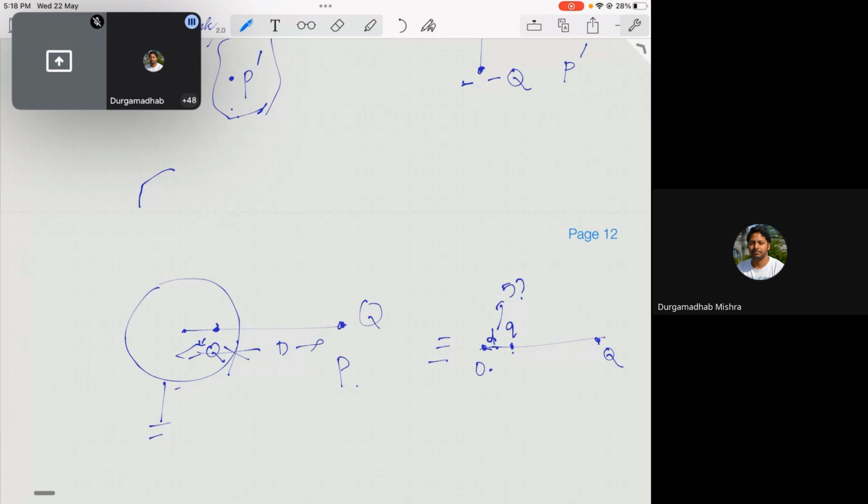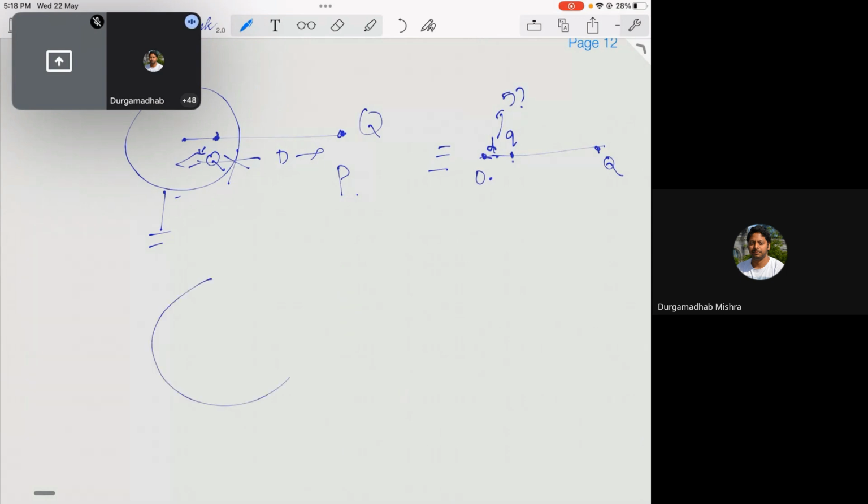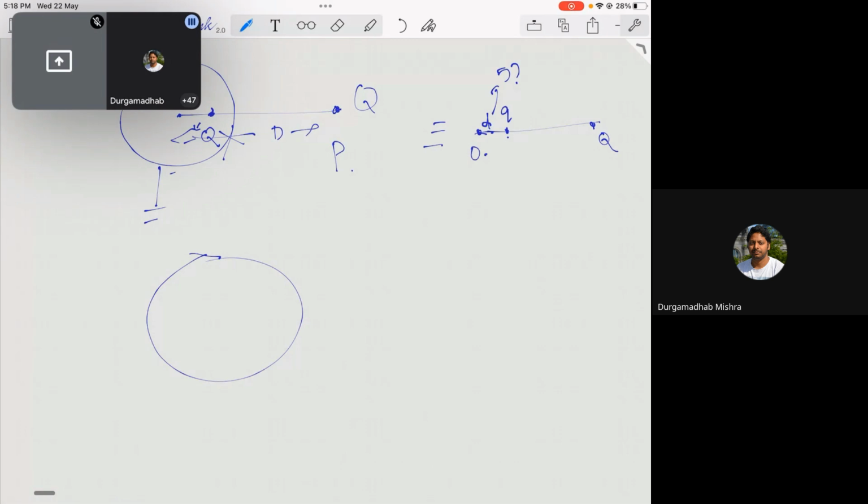If I take a conductor, and I am simply drawing a spherical system because that is what you will find in most books, the electric field is always perpendicular to the surface of a conductor, and the electric field will be zero inside the conductor.